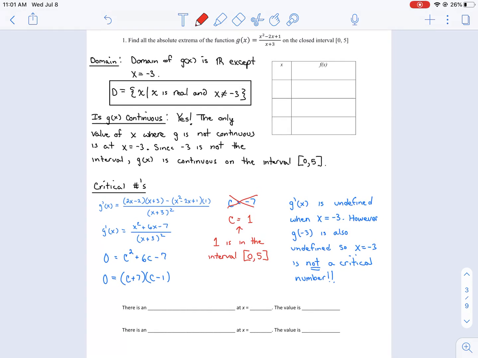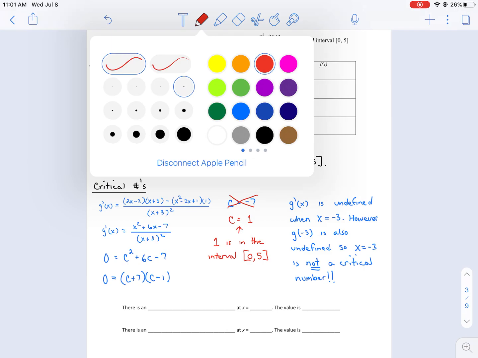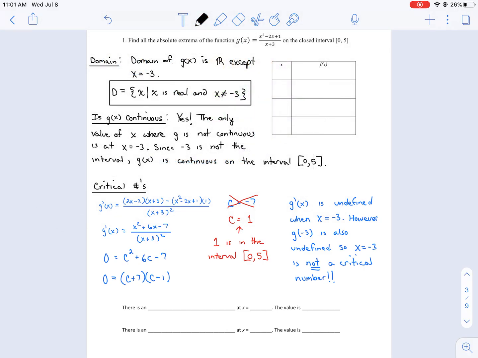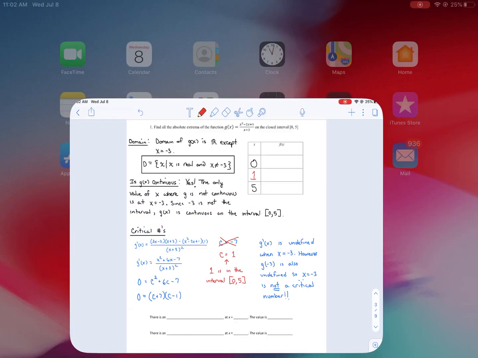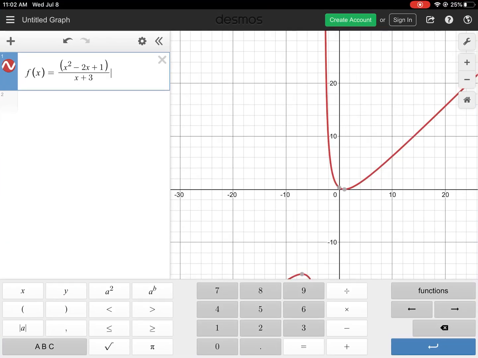Okay, so now that we have the critical number, we're going to evaluate this function at the endpoints, 0 and 5, and we're going to evaluate this function at the critical number 1. And to do that, we're going to use Desmos.